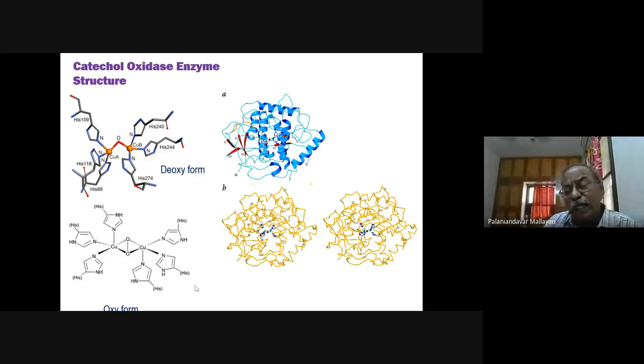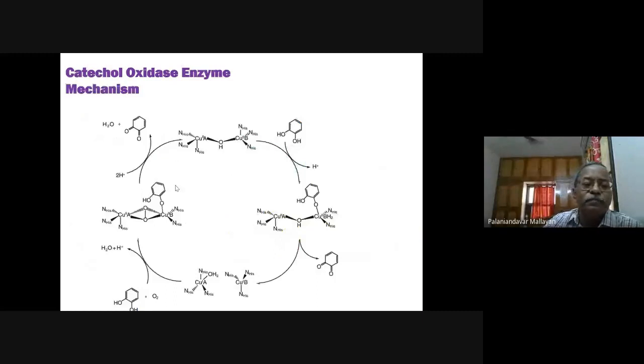So it's wonderful that nature has chosen the dinuclear copper site not only for dioxygen storage and transport, but also for dioxygen activation. Type 2 sites, mononuclear copper sites, are involved in oxygen activation. This dinuclear copper is also involved in activation of molecular oxygen. That's a wonderful thing. So what is the mechanism?